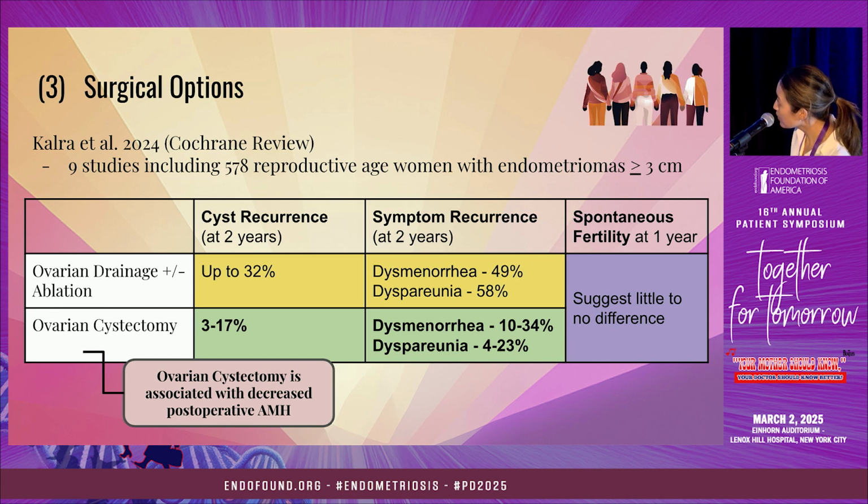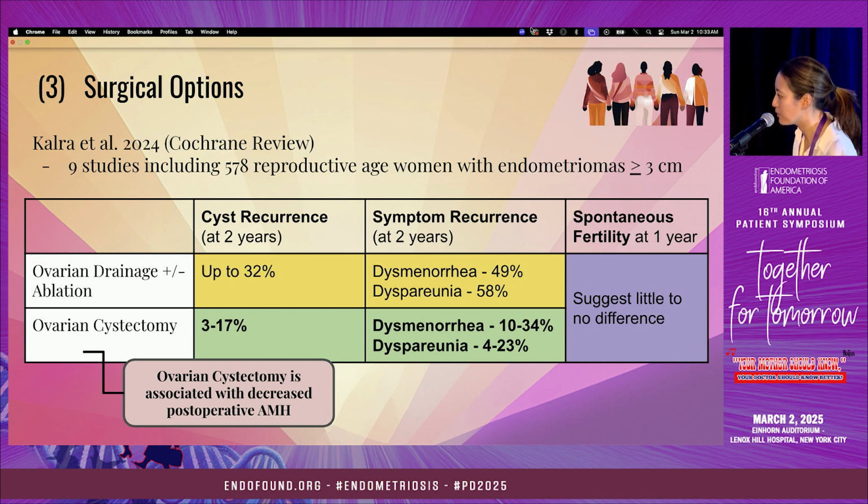Okay, so in general, if you do a comparison of drainage versus cystectomy, I would say that most endometriosis surgeons are gonna prefer ovarian cystectomy for a number of reasons. You have a lower cyst recurrence, okay, which is very important, and you have a lower symptom recurrence. So in those two situations, it's a win-win.